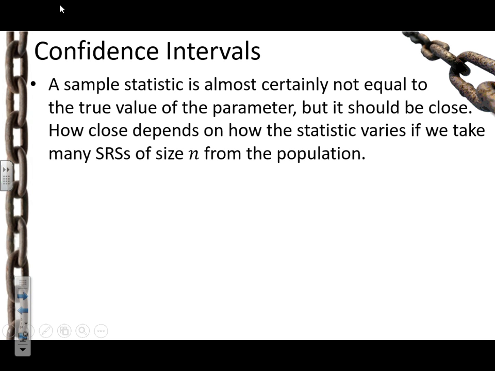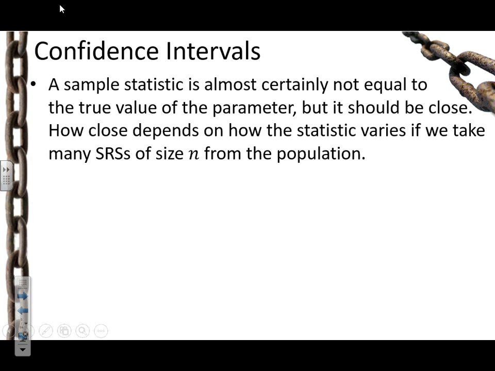What we know is every time we gather a random sample, we get a new value. Every random sample has different people involved, which means we get different responses, so we get different values. So we know that our sample statistic is most likely not actually equal to the value, but we know it should be close.